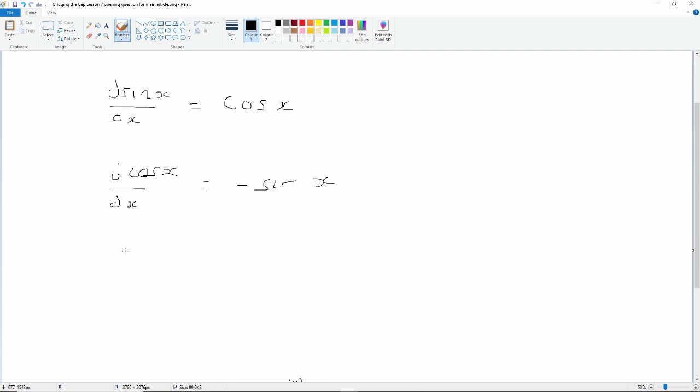Which then comes to an even more interesting thing, that if you take the derivative of negative sine x with respect to x, well, that's actually equal to negative cos x.